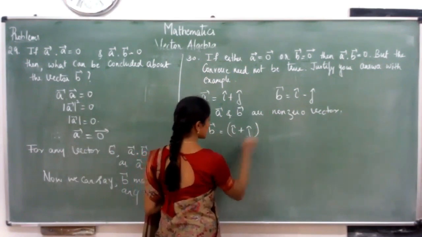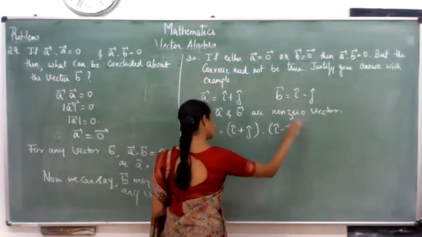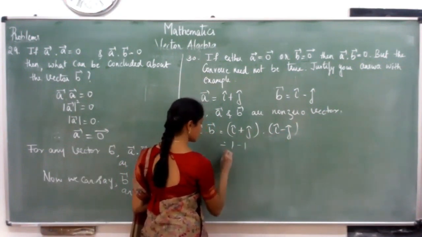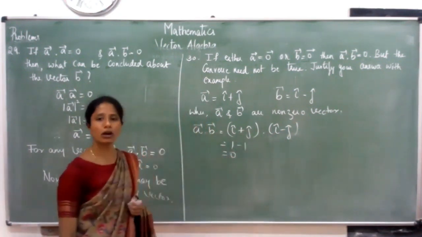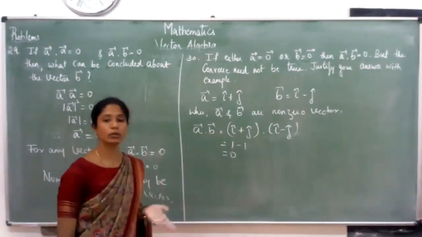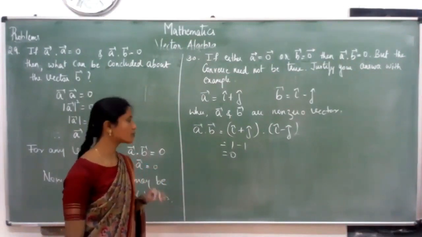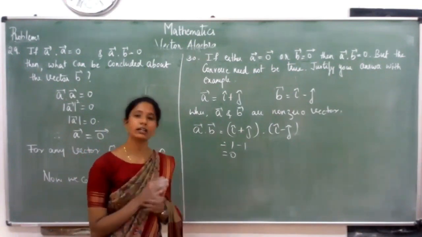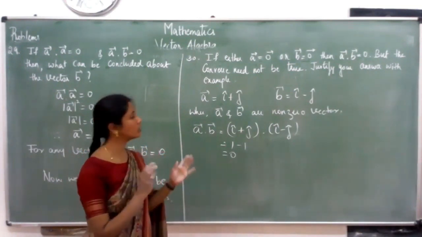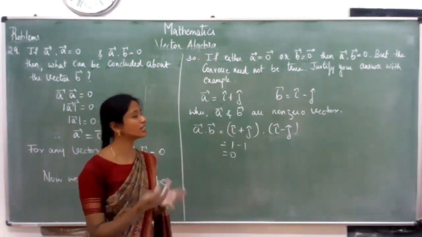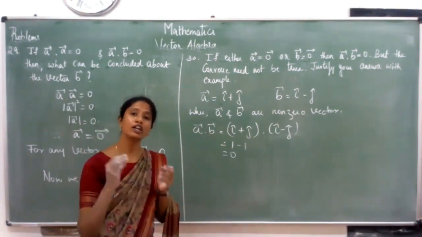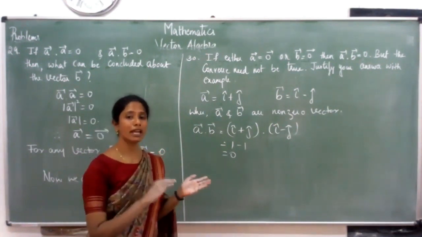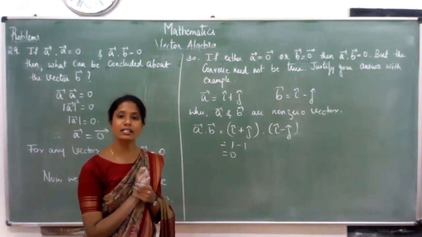i cap plus j cap dot i cap minus j cap. So it is 1 into 1, it is 1, plus 1 minus 1 minus 1. But we got what? We got the dot product between the two vectors as 0. So from this what can we conclude? It is not necessary for vector A and vector B to be 0 vectors in order to make the dot product between these two vectors 0.